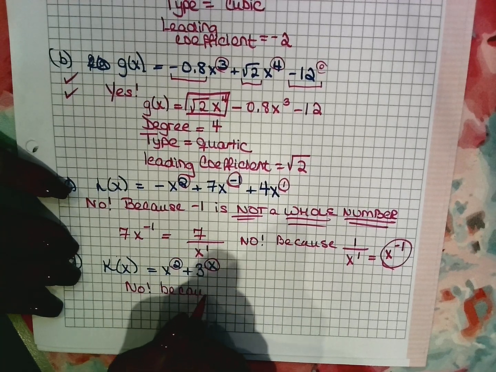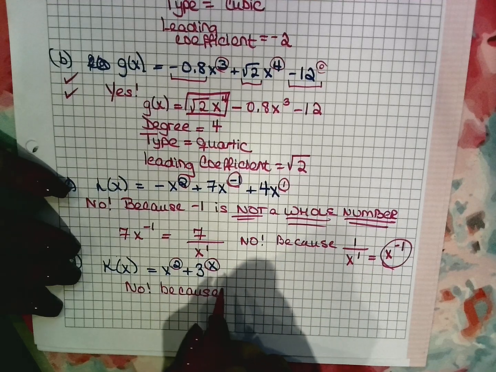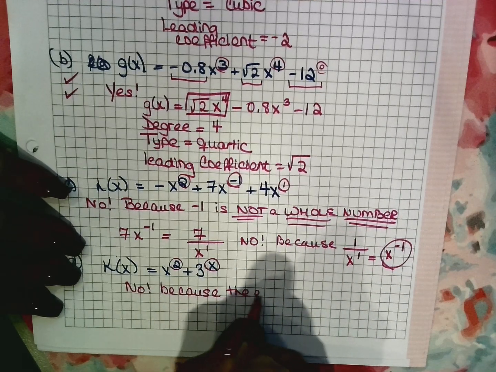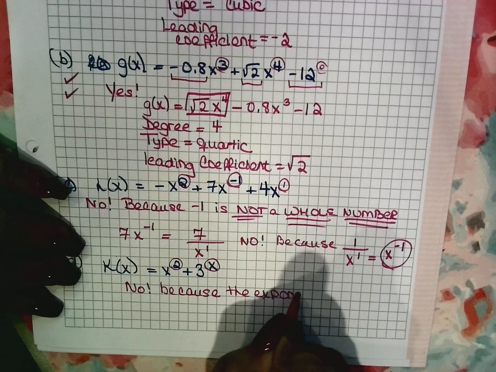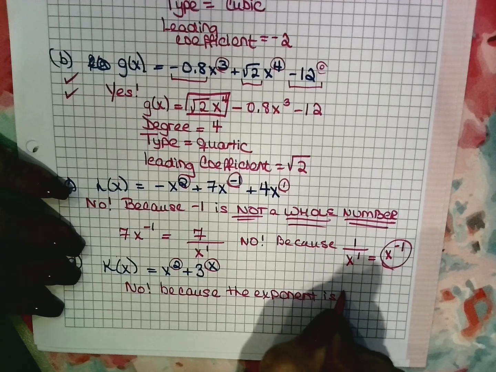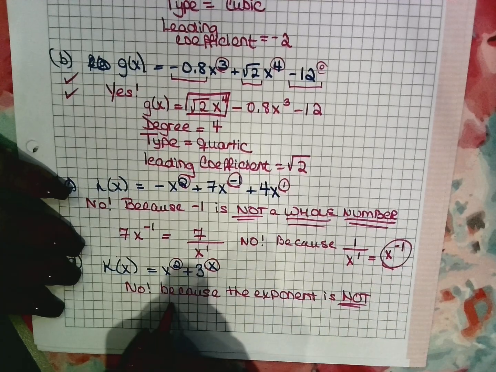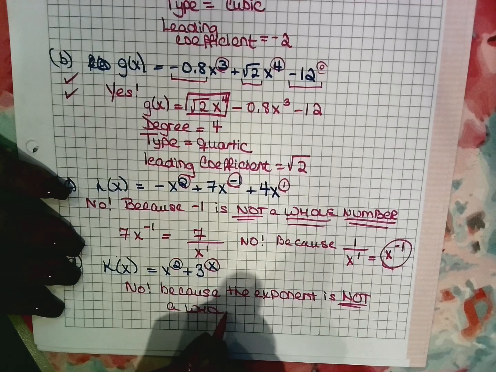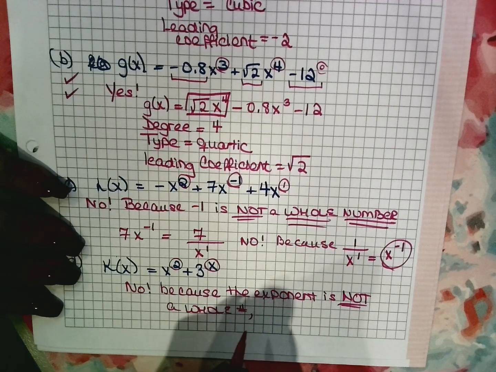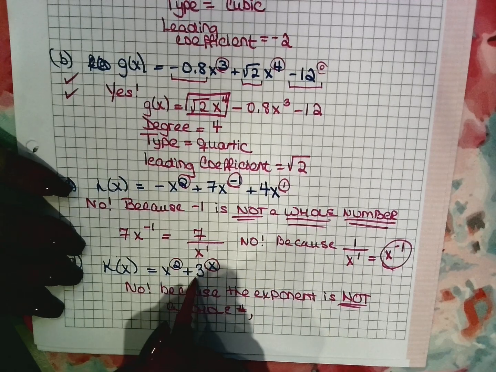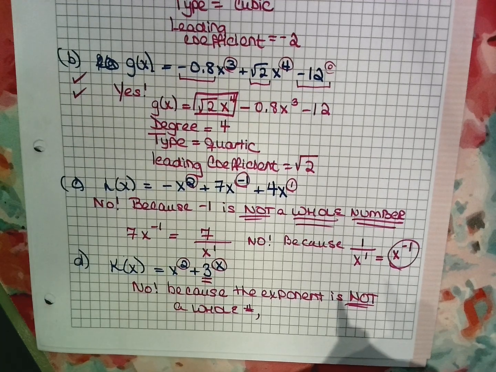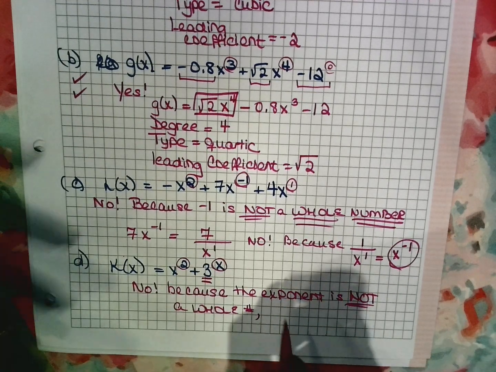because the exponent is not a whole number. And oh yeah, by the way, this base has to be a variable.